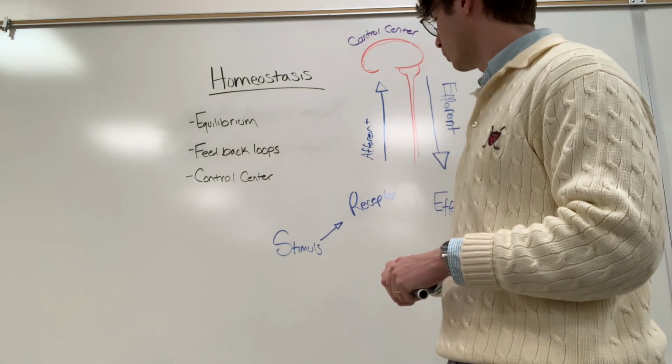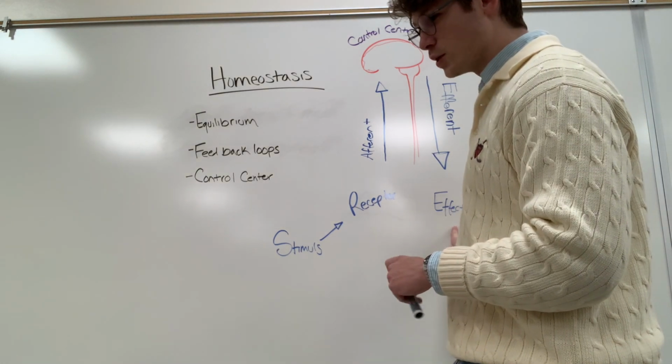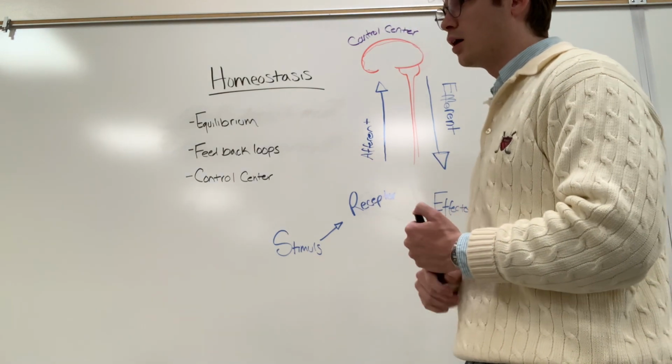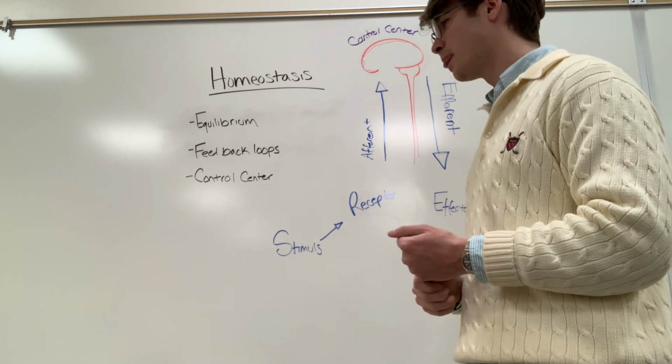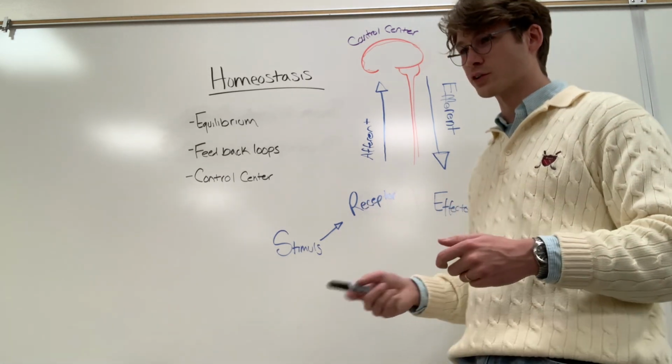This effector, in this situation, could be our skeletal muscles. For temperature, if it gets too hot, we sweat, so sweat glands can be an effector.